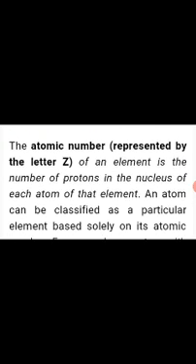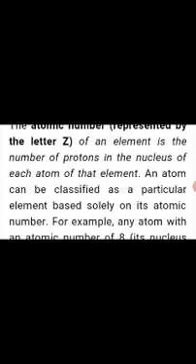An atom can be classified as a particular element based solely on its atomic number. An atom is identified by its atomic number. If we say atomic number 1, which element? Yes, hydrogen.